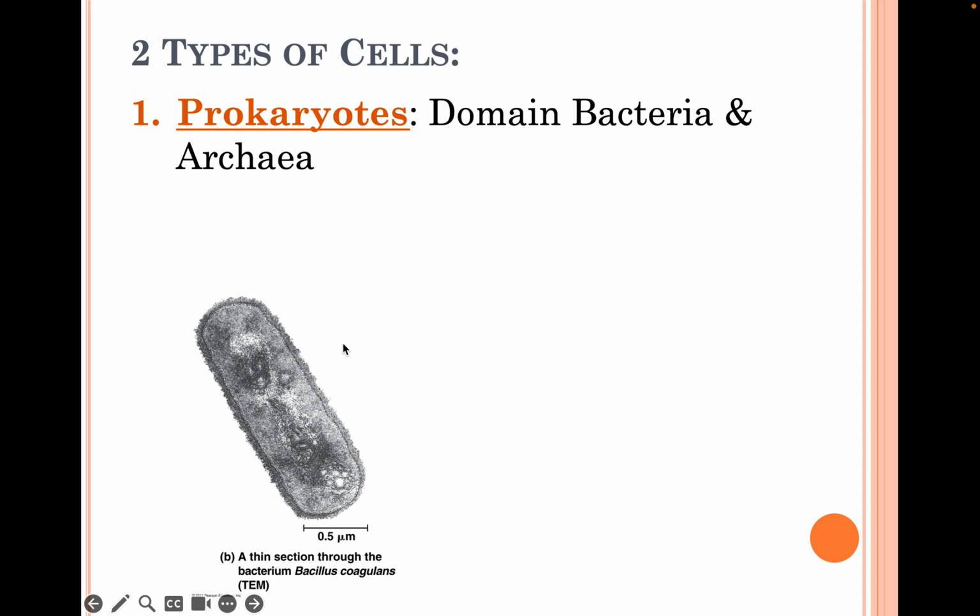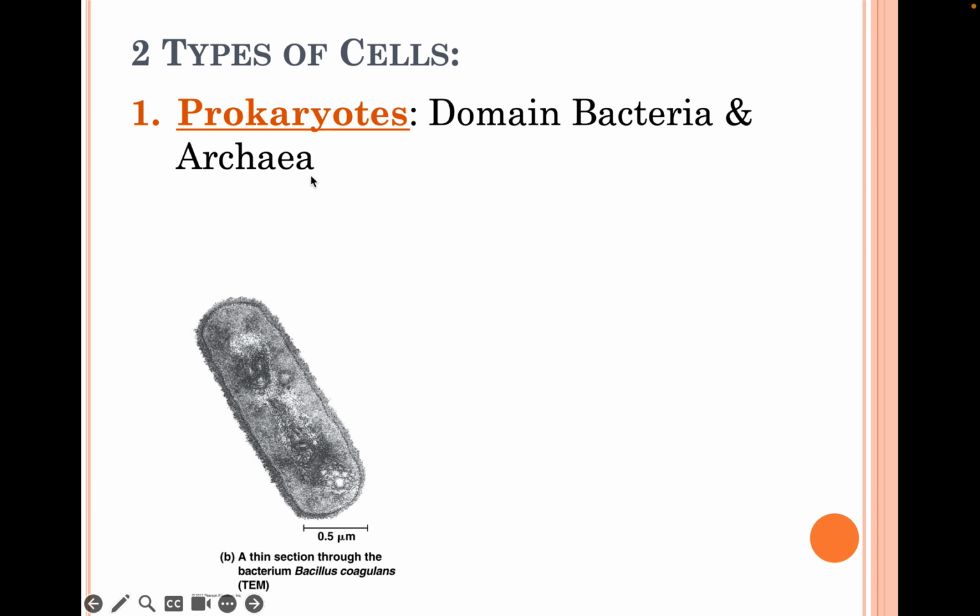Archaea are microscopic, kind of extremophiles. You might find them in like hot springs, or they actually also live in the rumen of ruminants. And they produce methane. I don't know if you've ever heard that cows produce a lot of methane because they're ruminants.